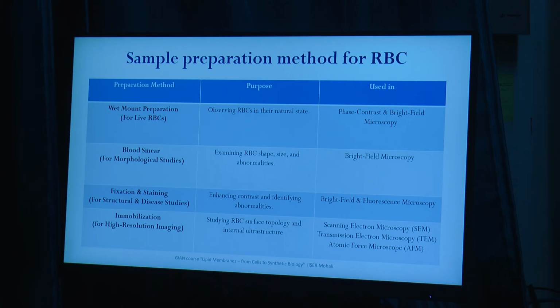The first and most used method to understand the dynamics, or how inherently the red blood cell properties are maintained, is a method called wet mount preparation. In wet mount preparation, we are observing red blood cells in their natural state. We are maintaining the osmolarity, isotonicity and all the other properties which are there inside our body.